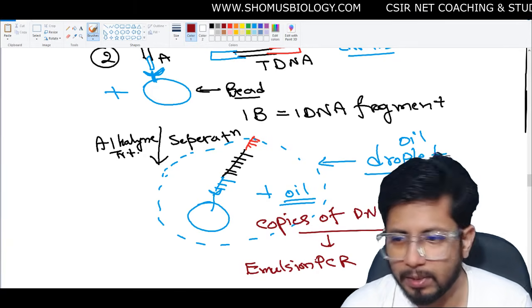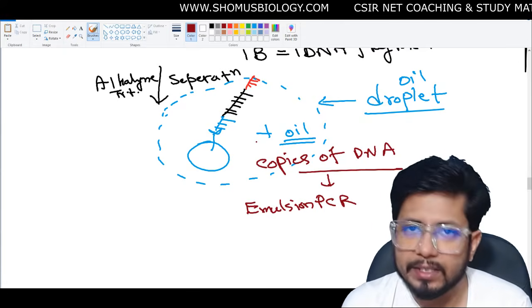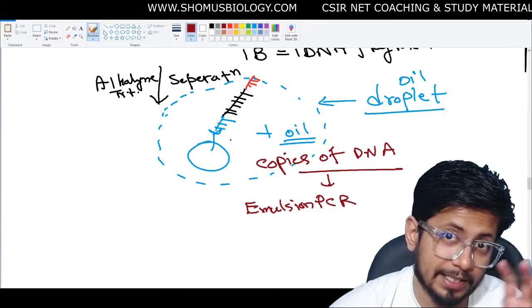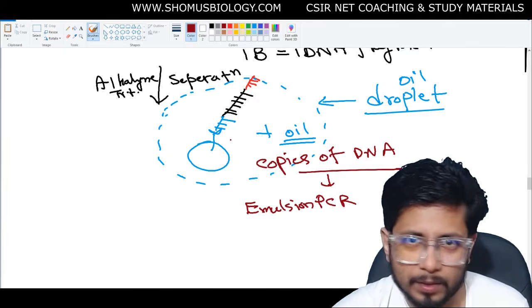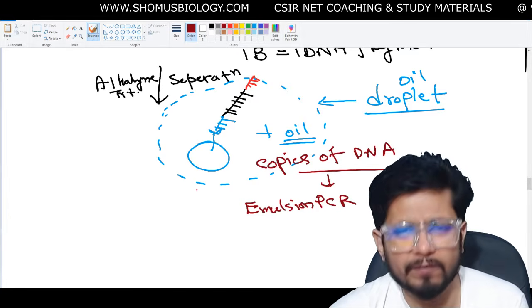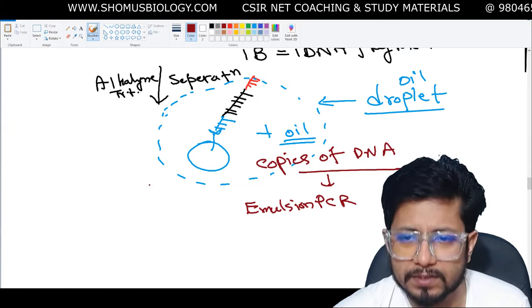Okay, the emulsion PCR process is done. Basically DNA will be copied using polymerase chain reaction, but in this case we are doing it inside the oil droplet. That's why we call it emulsion PCR. Once the emulsion PCR is done, we have multiple beads with multiple copies of the DNA.